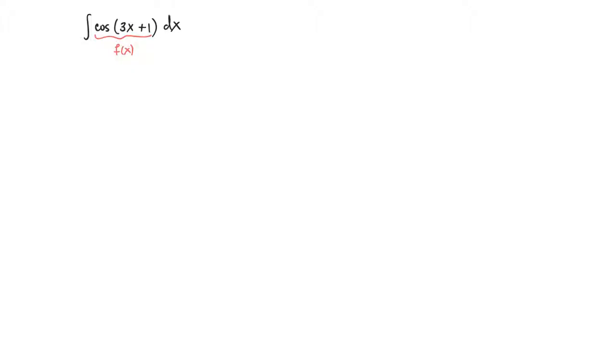I want you to think about the fact that we have a composite function here. We have cosine as the outer function and an inner function that is linear, 3x plus 1. So if you were asked to differentiate this function, then you know that you would have to apply the chain rule.